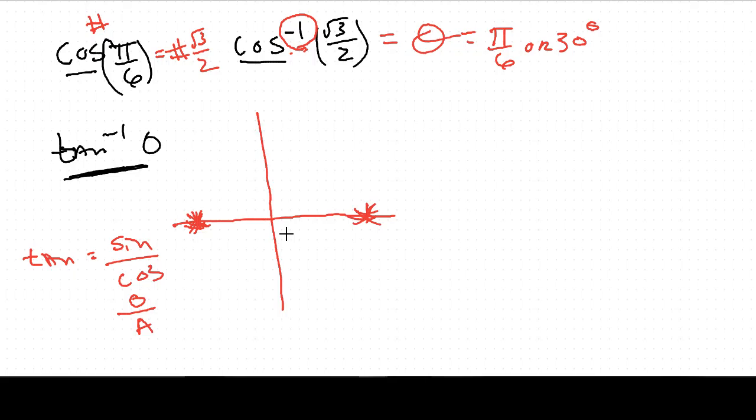And then sine is always y, cosine is always x. So whenever you have a coordinate like 1/2 and then root 3 over 2, this number is giving you the cosine of it, and that number is giving you the sine of it.